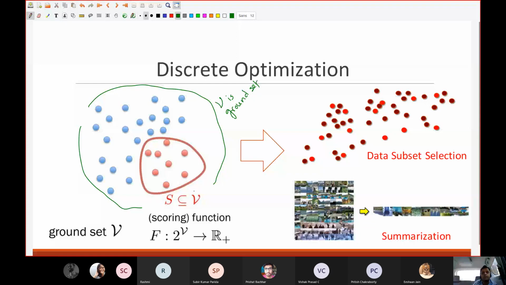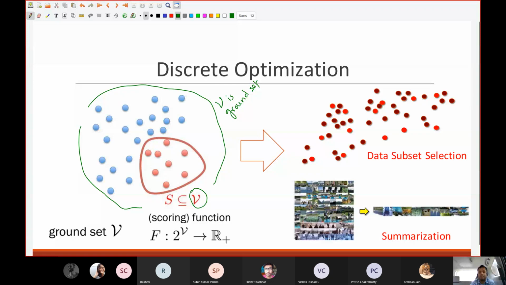And what we are looking at is a function that goes from every possible subset, that is, from the power set of V to R plus. So it is going to evaluate every subset, f on S, f on S prime, and the function will score a subset so that the subset which is most effective from a particular objective point of view is picked up.